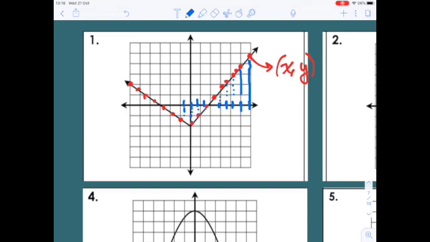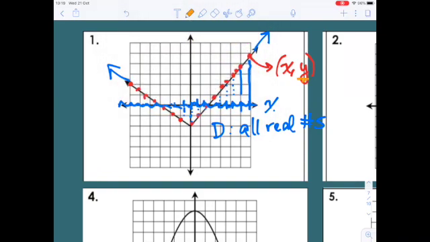And hopefully you can see that if this line goes on forever in both directions, this means that every single x value on the x-axis will be part of my domain. So my domain in this case will be all real numbers on the x-axis, because the domain is only referring to the x-axis.